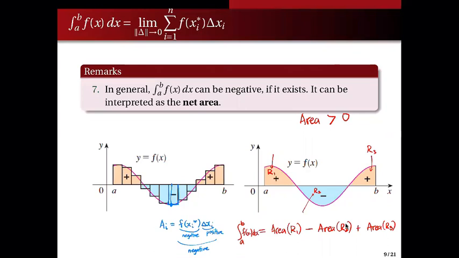So again, if your function is continuous and non-negative, meaning your function is always above the x-axis or maybe on the x-axis, the definite integral will always be positive because they are all above the x-axis.